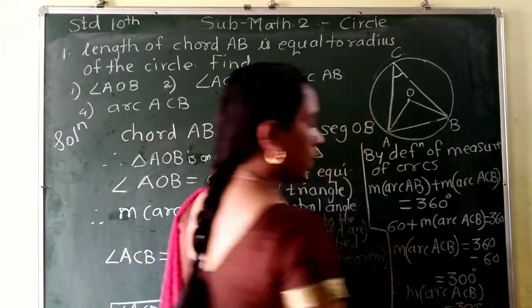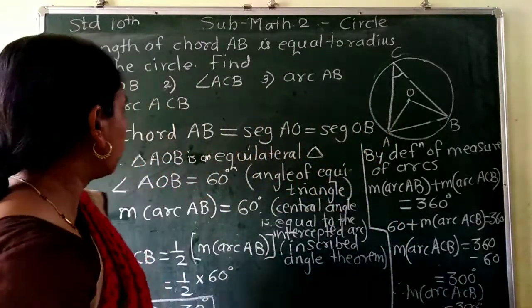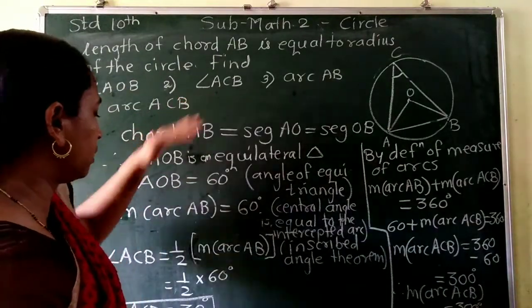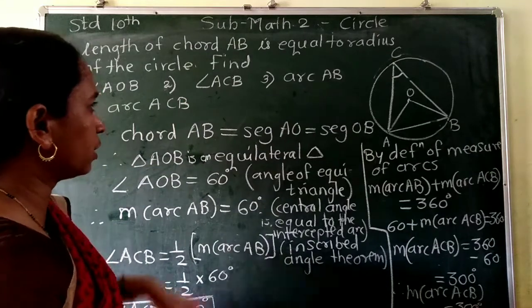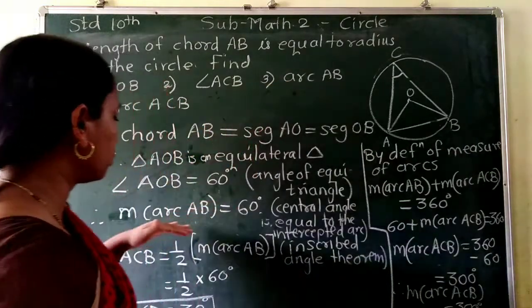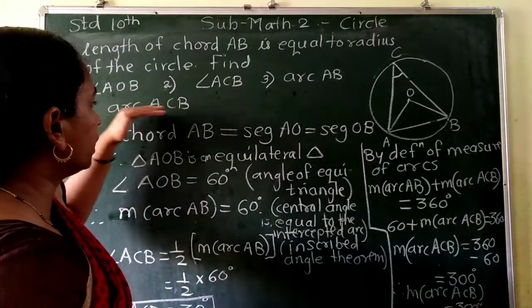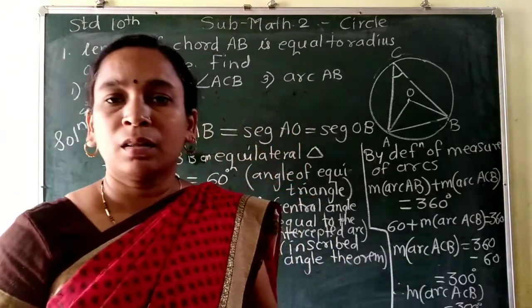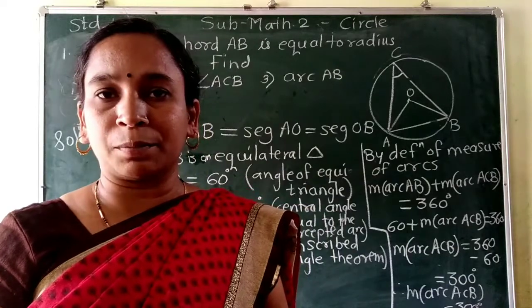So in this way we have solved the first example, where we have got angle AOB is 60 degrees, angle ACB is 30 degrees, arc AB's measurement is also 60 degrees, and arc ACB is 300 degrees. Now we'll go for the next example.